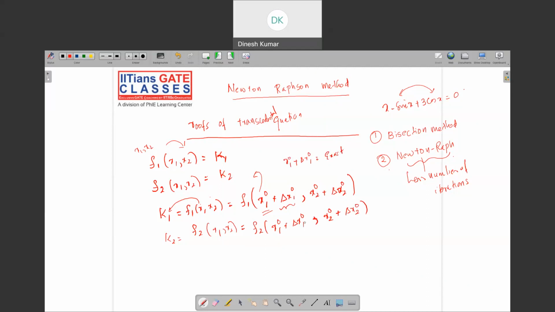But we don't know the exact solution. We know that it is some x1 0 plus some delta x1 0.